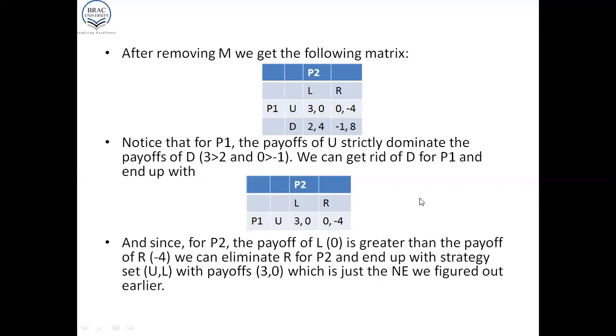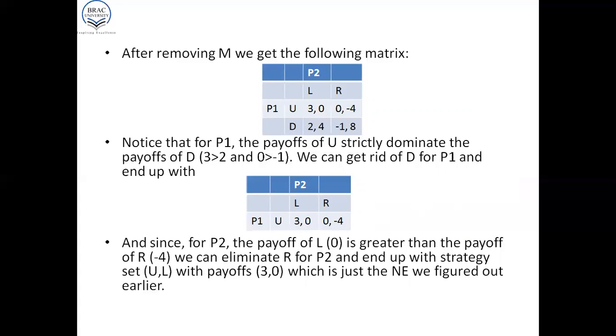For P2, the payoff of L is greater than the payoff of R, because 0 is greater than -4. So we can eliminate R for player 2. We end up with strategy set UL with payoffs of 3-0, which is just the Nash equilibrium we figured out by underlining best responses earlier.